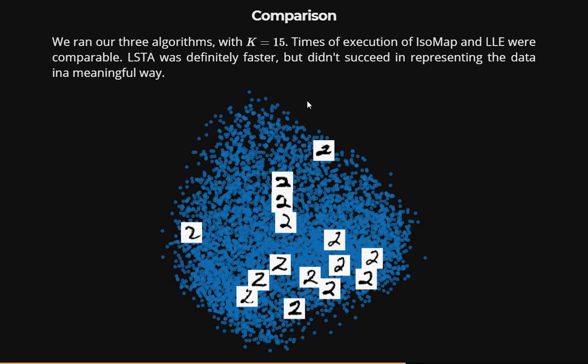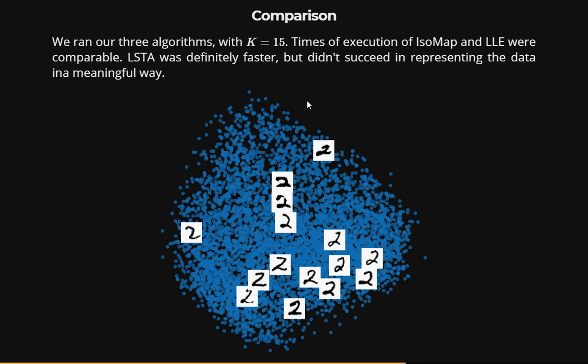Now, you could also try to apply these algorithms to a part of the whole data set. It was late in the evening, so just a part. You select a number of images randomly, not only from the digit 2, but from all 10 digits, and you see if these dimensional reduction algorithms can tell the digits apart.